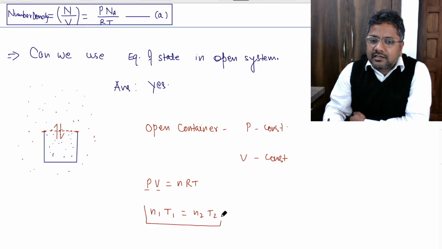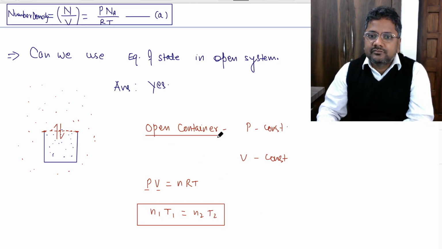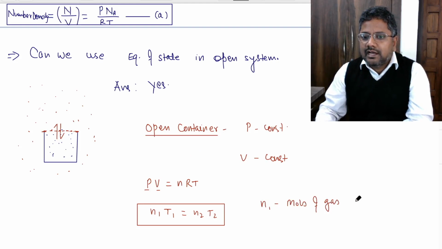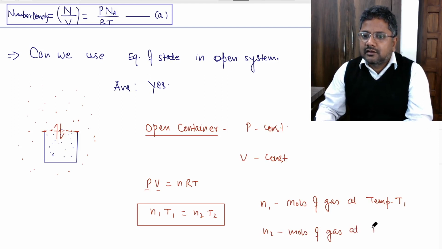So this is the equation we may use for open containers, where n1 are the moles of gas at temperature T1, and n2 are the moles of gas at temperature T2 in the container.